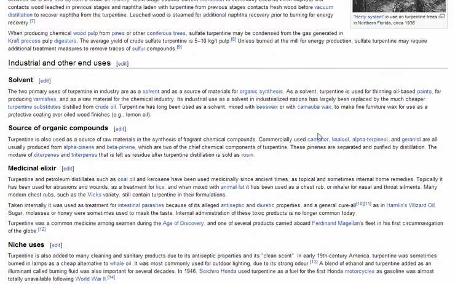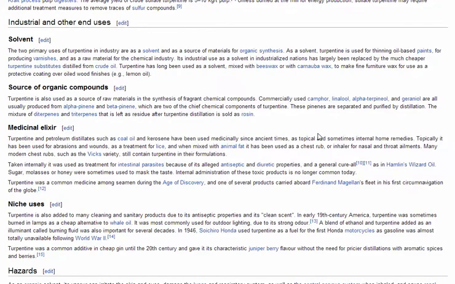But turpentine is used for a number of different things. It's used in the home and it's used in industry as well. In industry, it's commonly used as a solvent. These were solvents and organic starting materials for various syntheses that we would like to do in the laboratory. It's also found, or it used to be found, in paint that was oil-based.